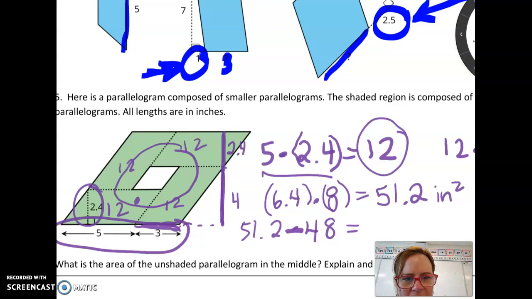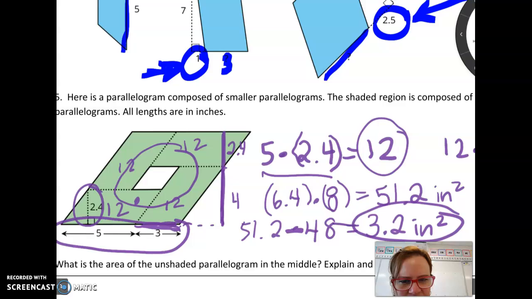Yeah, okay, that's right. 3.2, right? 51 minus 48 is 3, yep, that's right. 3.2. And so that means that 3.2 square inches is the area of that little parallelogram.